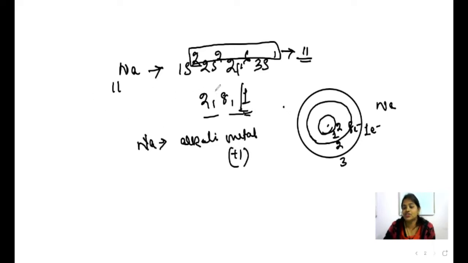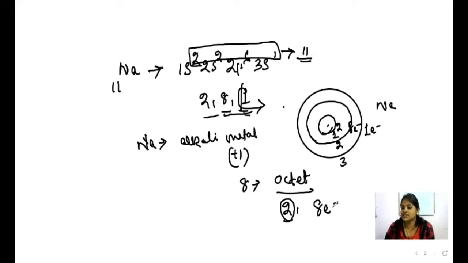So sodium can easily lose an electron, because if it loses an electron, its outermost shell has 8 electrons, that means it has an octet in its outer shell. According to the octet rule, the stable electronic configuration has 2 electrons or 8 electrons in its outermost shell. To complete its octet, sodium can lose an electron.